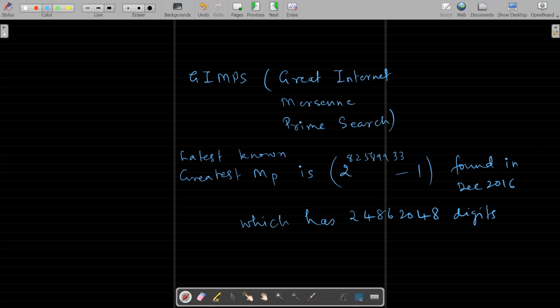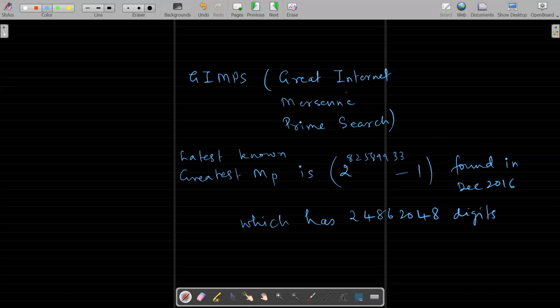Or if something has been found after 2016, I don't know the recent one. Yeah, so that's about one type of primes, namely Mersenne primes.